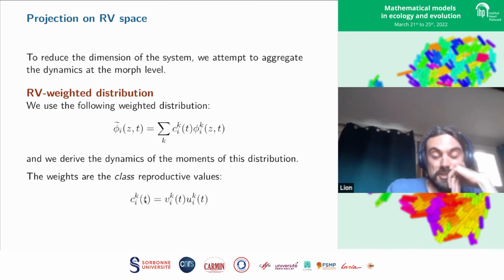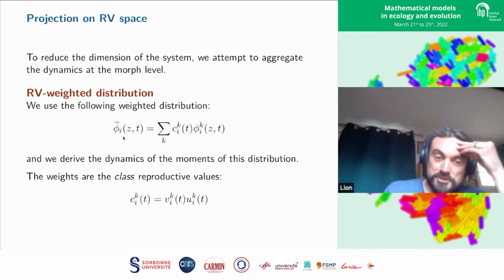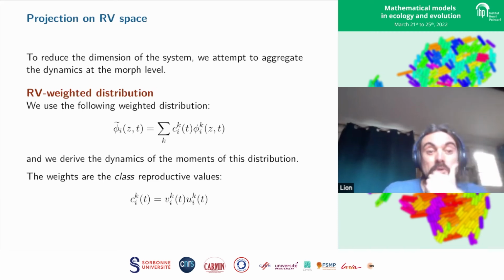This product is called the class reproductive value in evolutionary biology. So we're going to use this weighted distribution. And it turns out that this weighted distribution will give a good approximation of the dynamics of the different distributions we are interested in.